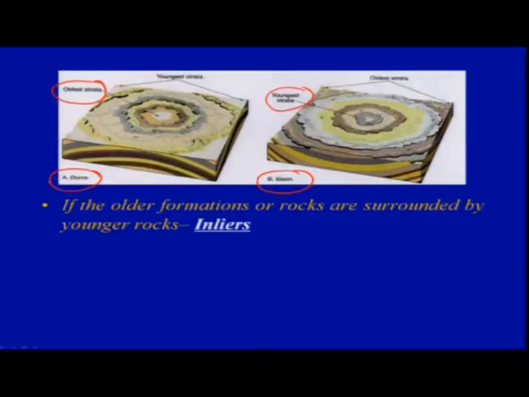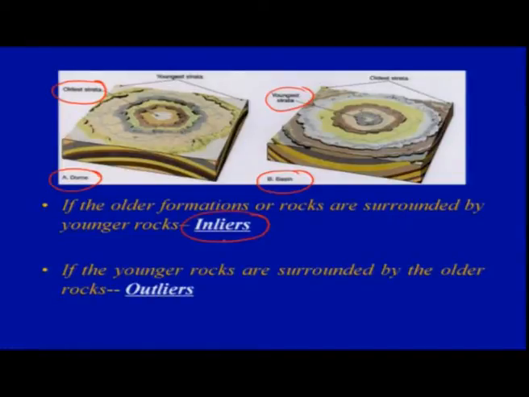Further, another set of terms is inlier and outlier. If the older formations or rocks are surrounded by younger rocks, then they are termed inliers. So older rocks surrounded by younger rocks, this is your domal part where you have the inliers.